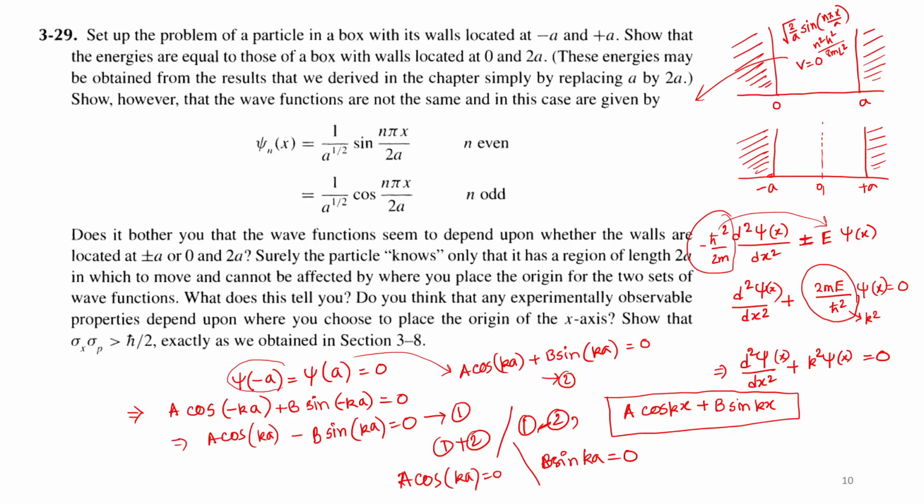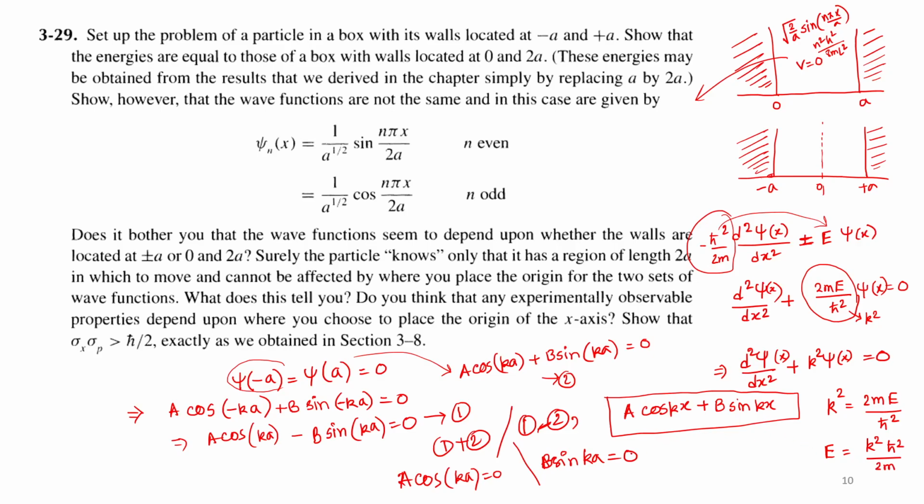Now see when this is possible. What is actually your k? Let me go back to your energy values. k² is 2mE by ħ², so your energy is again k²ħ² by 2m, right?